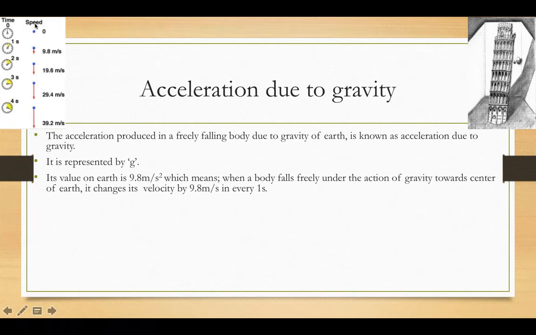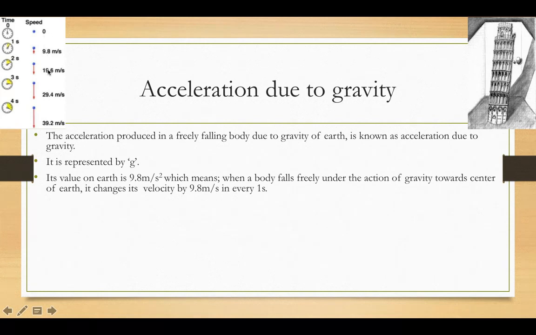At the very beginning, the velocity will be zero, but when it is dropped, in the first second, the velocity will become 9.8 meter per second. In the second second, 19.6 meter per second. In the third second, 29.4 meter per second. And in the fourth second, 39.2 meter per second. If we subtract 0 from 9.8, the change in velocity is 9.8 meter per second.